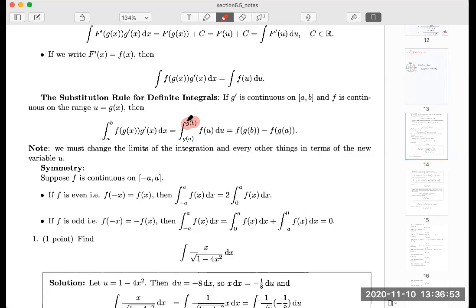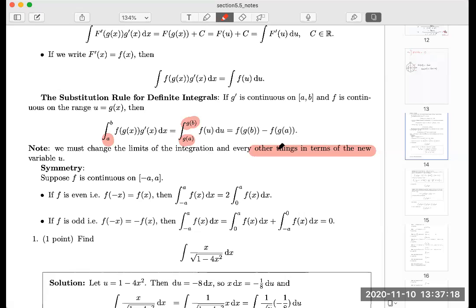Here, the upper limit b becomes g(b), and the lower limit a becomes g(a). So be careful with this. In short, you need to change everything in terms of a new variable u. So keep that in mind.